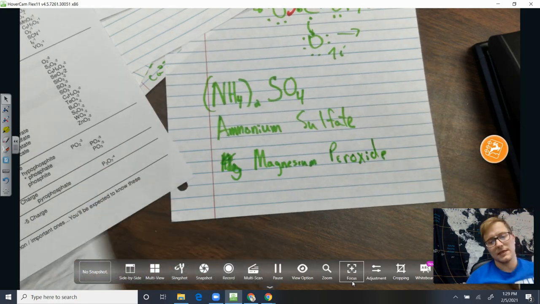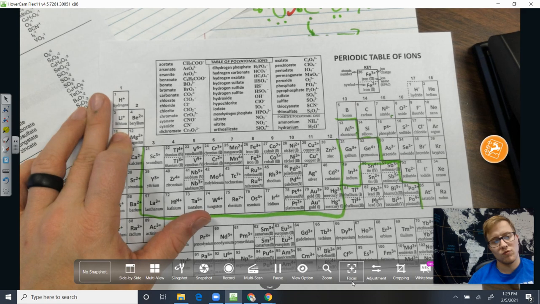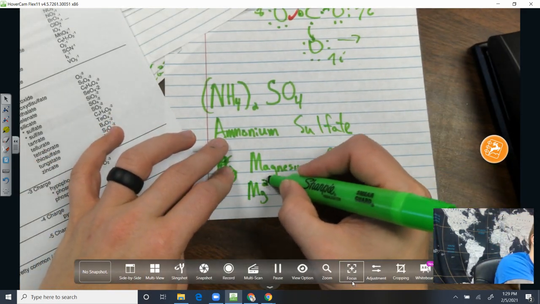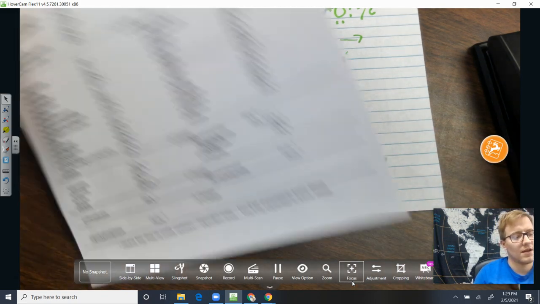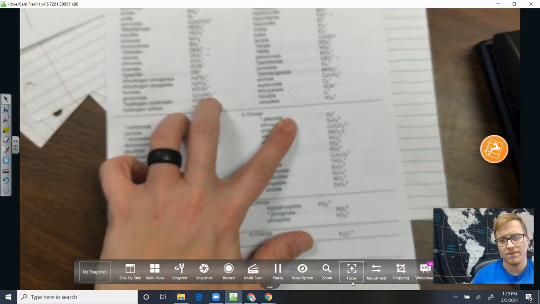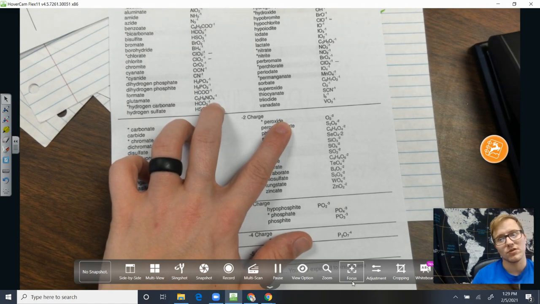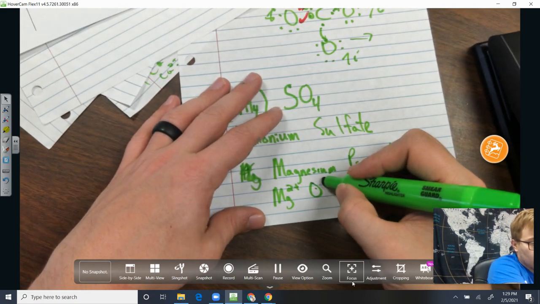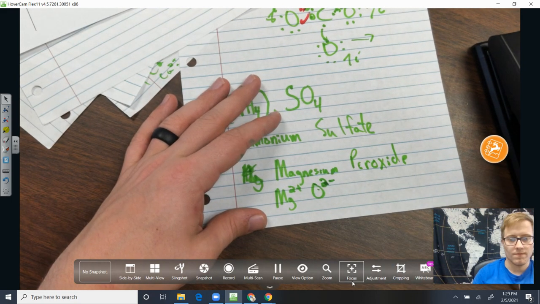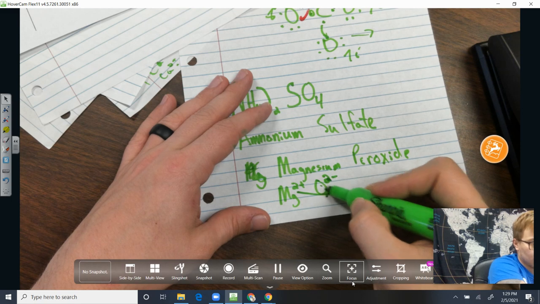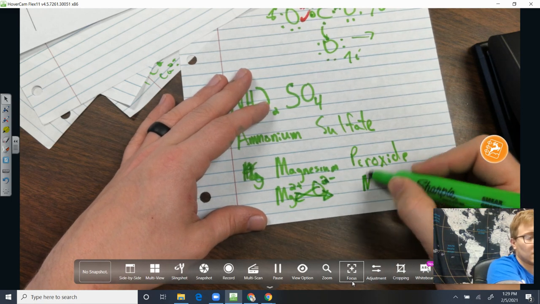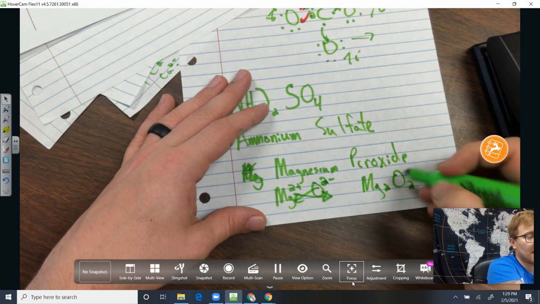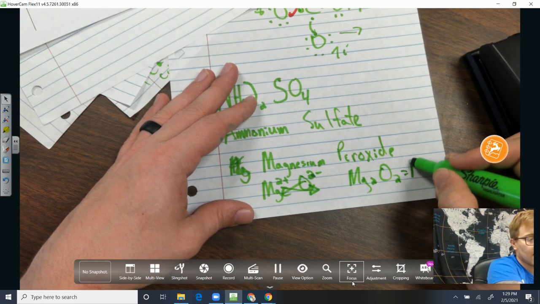Now, magnesium, I check my periodic table: 2 plus. Peroxide, fun little element, you might have heard of it from hydrogen peroxide, is O2 2 minus. Crisscross rule. We're left with Mg2O2. And remember, simplify, divide by 2. We're left with MgO.